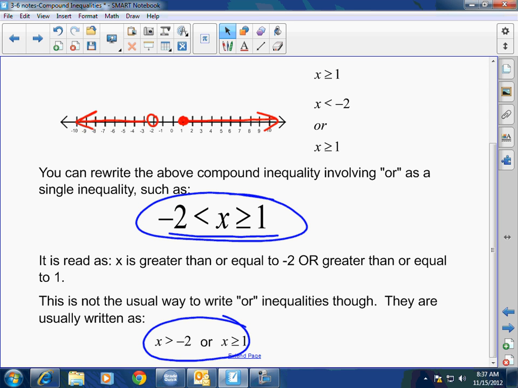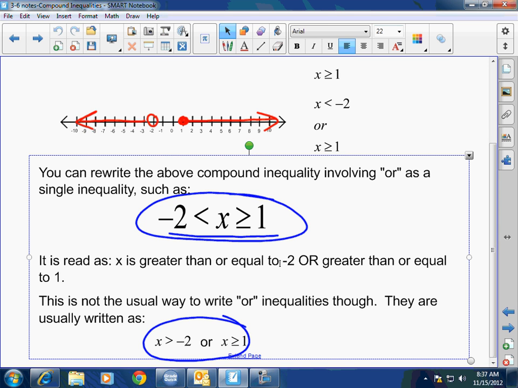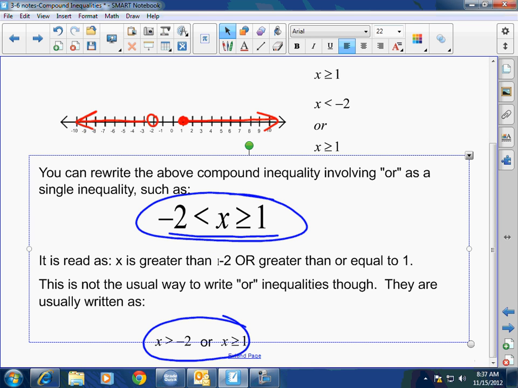So again, this individual compound inequality is read: x is greater than negative 2, not greater than or equal to, that is wrong. X is greater than negative 2 or greater than or equal to 1.